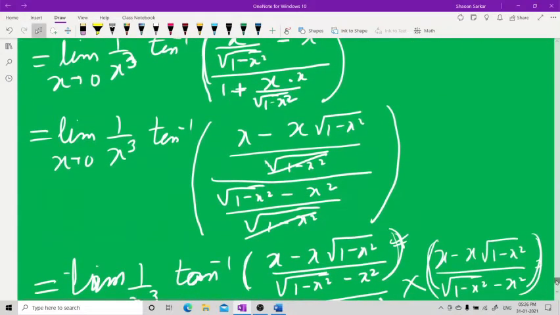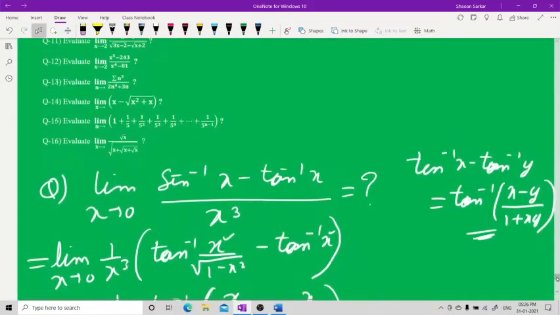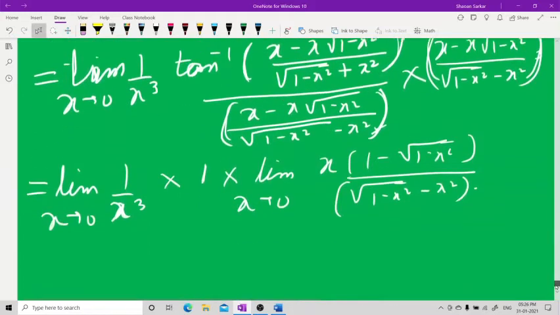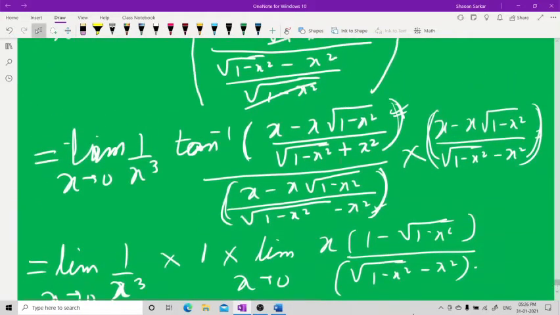This will be plus here. So now this has to be plus here, and here, and here. Now I have to just do the rationalization of this. That's all. That will do the job for me.